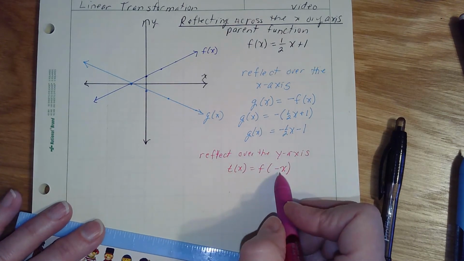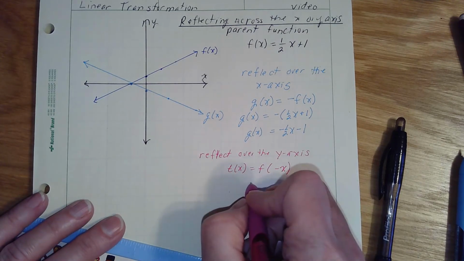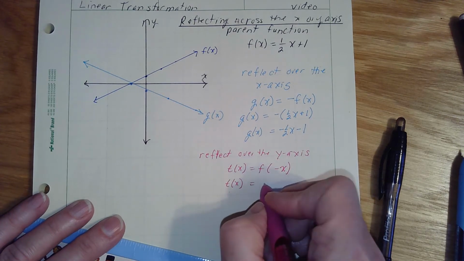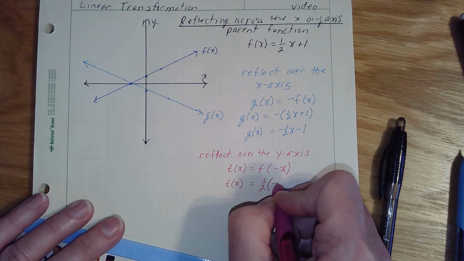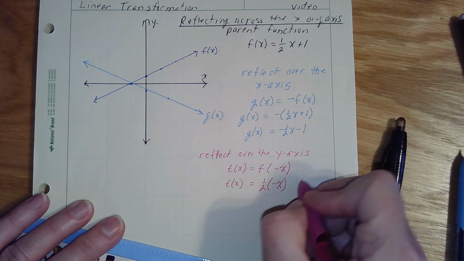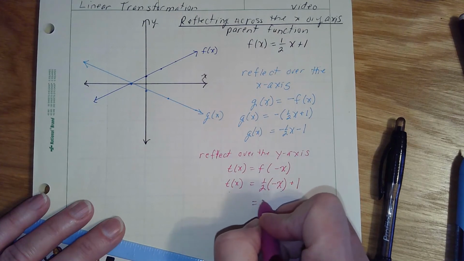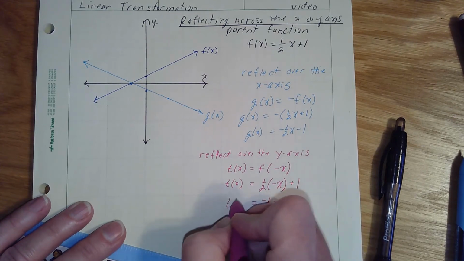So you make only the x term negative in our second function. So our t of x would equal 1/2 times negative x, plus 1, or negative 1/2 x plus 1.